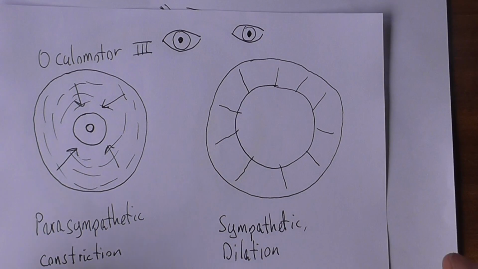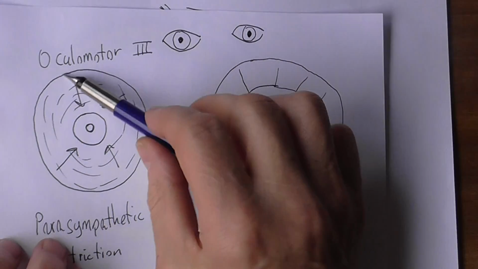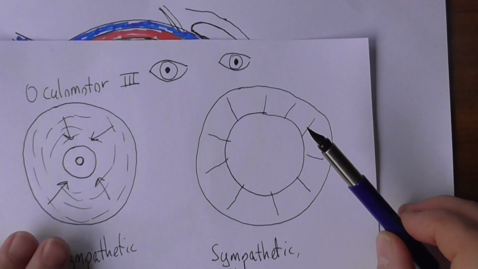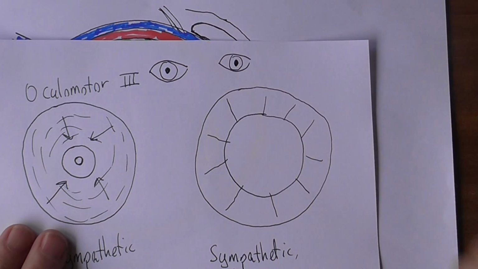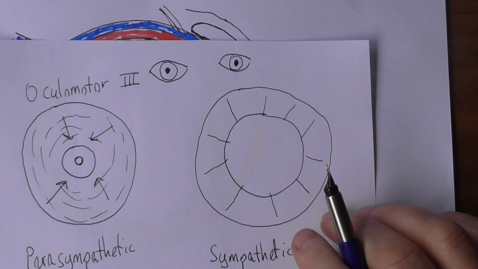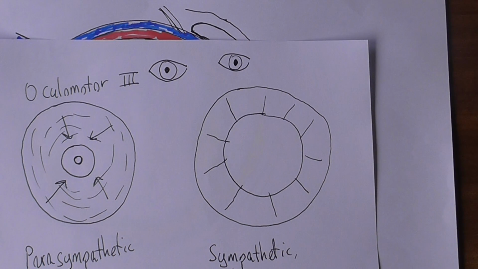So, for example, after a head injury, there might be compression of the oculomotor nerve on one side. Now, the oculomotor nerves don't cross over. So if the right pupil is not responding properly to light, if it's becoming sluggish or dilated, that indicates pressure on the right side of the brain. And in the same way, if the left pupil is not responding to light and the left pupil becomes dilated, then that means it's the left side of the brain where the problem is developing.